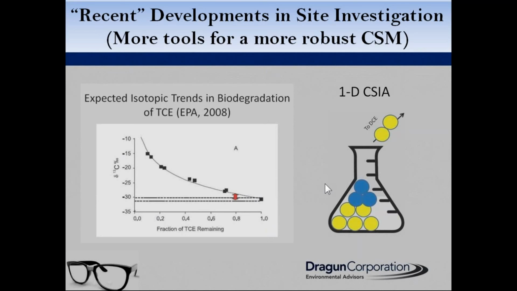And you would expect to see that progression in biodegradation. So along a flow line, you'd expect to see a heavier and heavier dominated TCE remaining, and the lighter isotopes would be going to the daughter products.